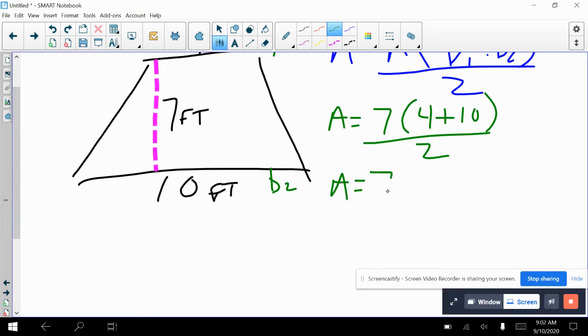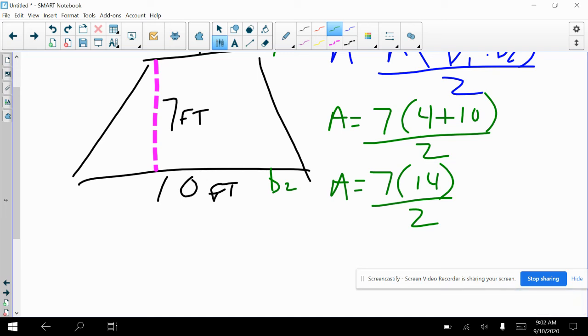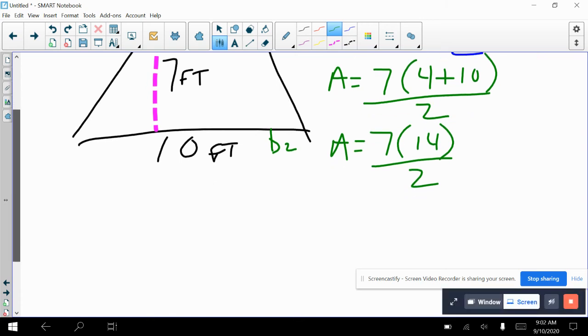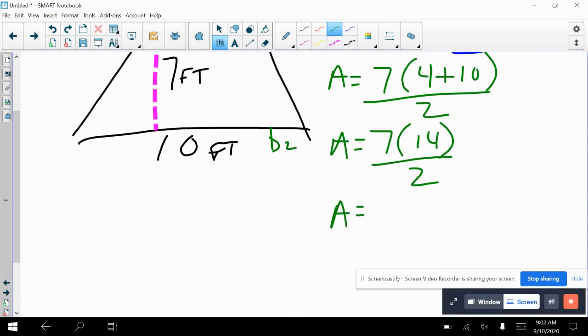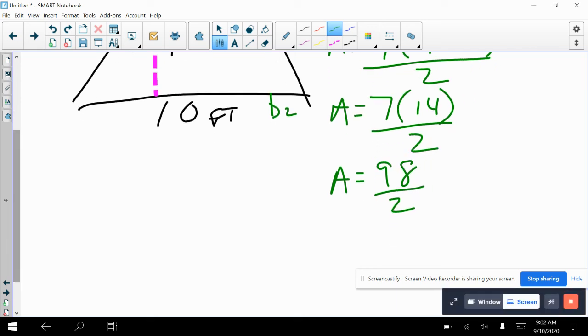Okay, 7 times 14 divided by 2. Area is equal to 98 divided by 2. And we arrive at area is equal to 49 feet squared.